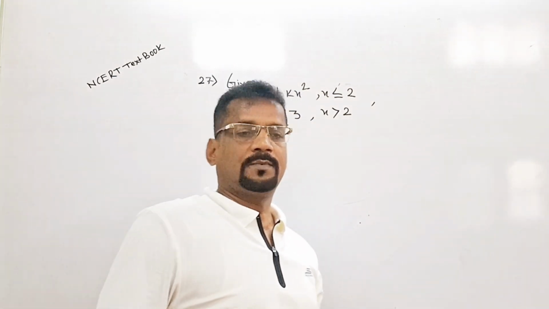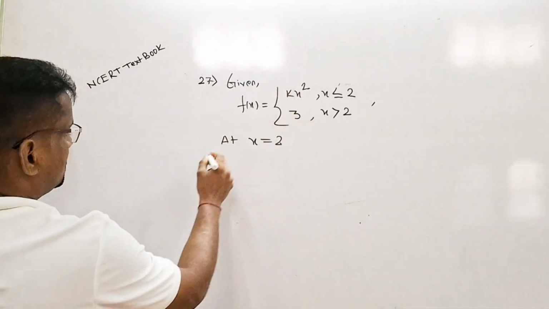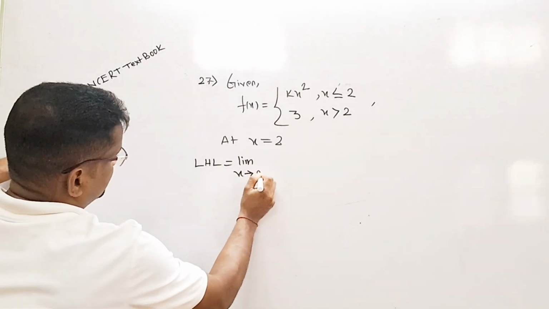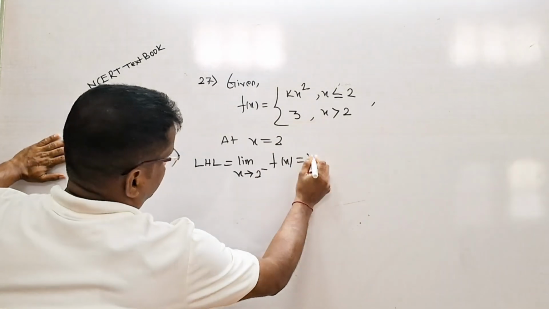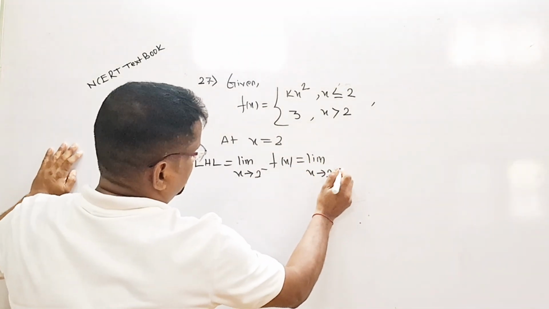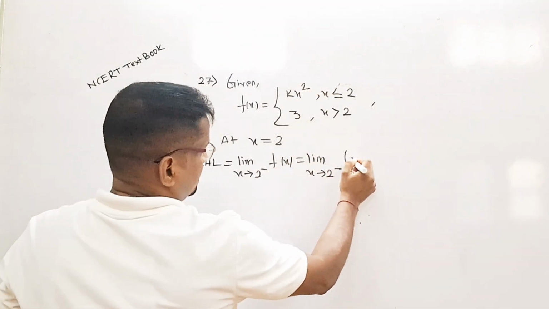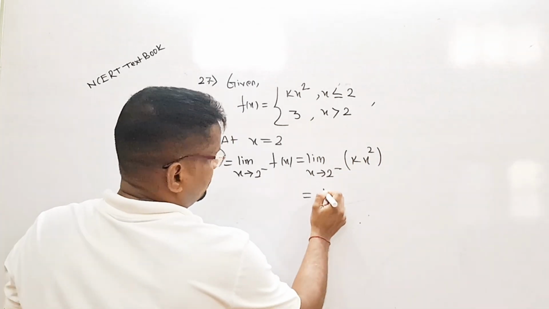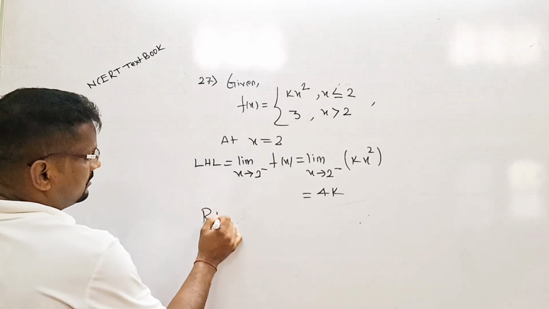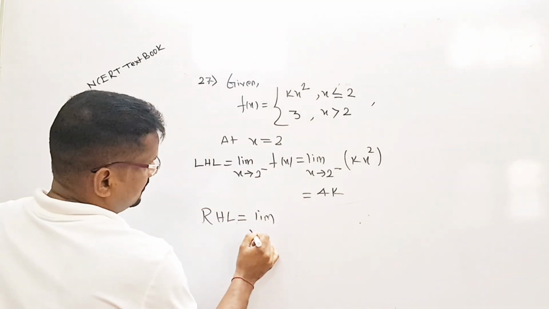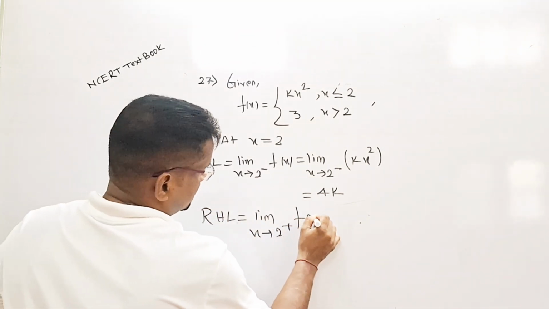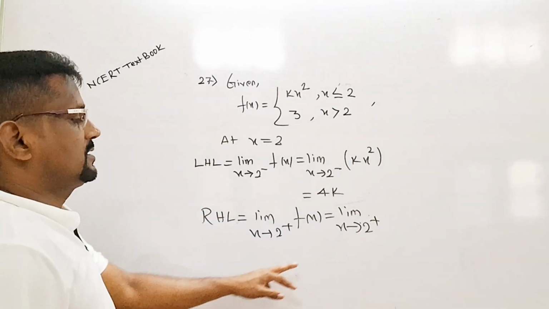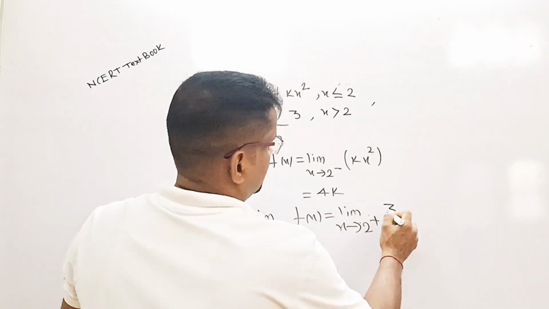Then what is the value of k? Say LHL equals limit x tends to 2 negative f of x. Here x is less than 2, so it is kx square. Now take the limit, that will be 4k directly. RHL equals limit x tends to 2 positive f of x. That means x is greater than 2, and the value is directly 3.